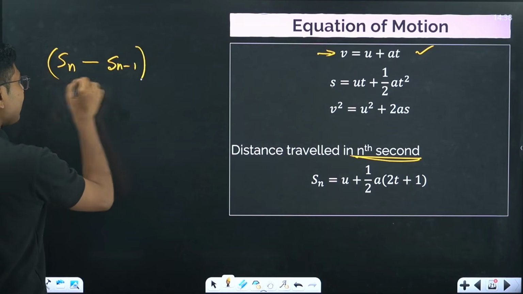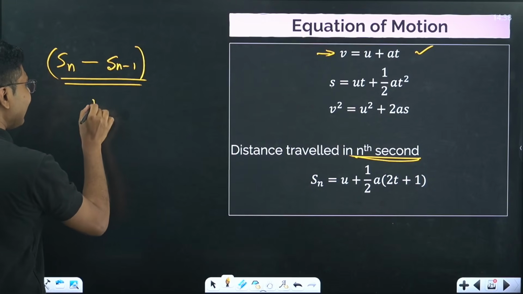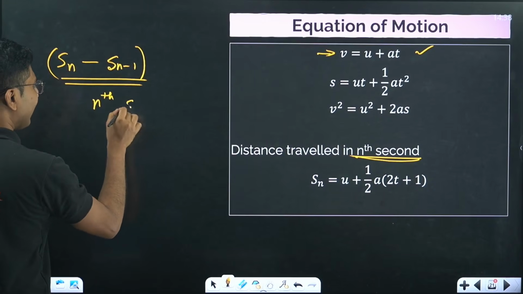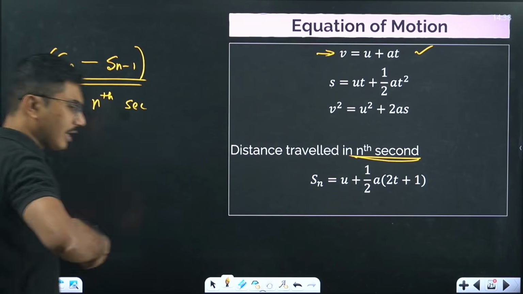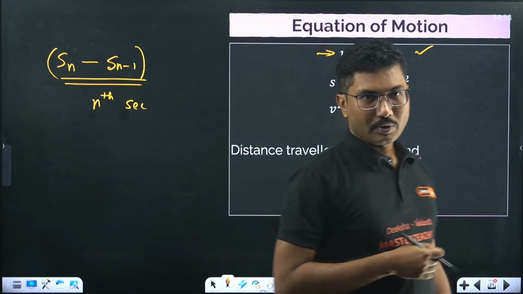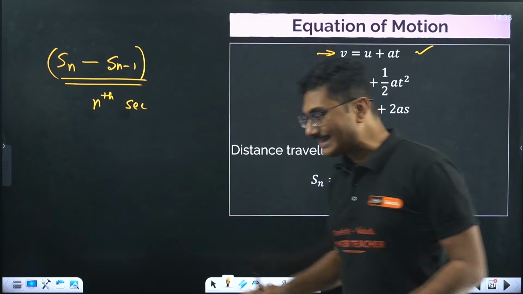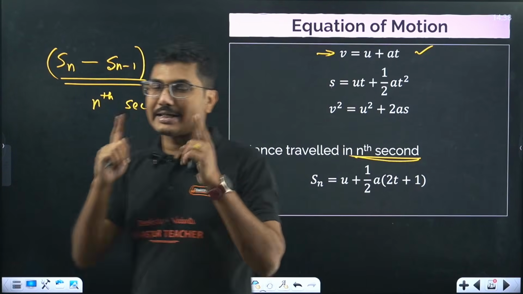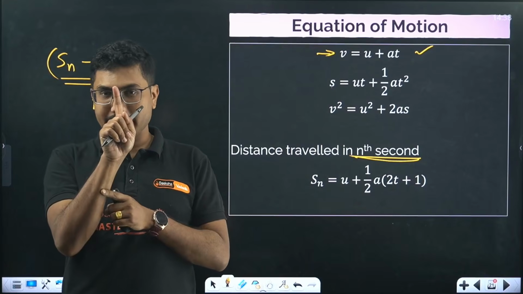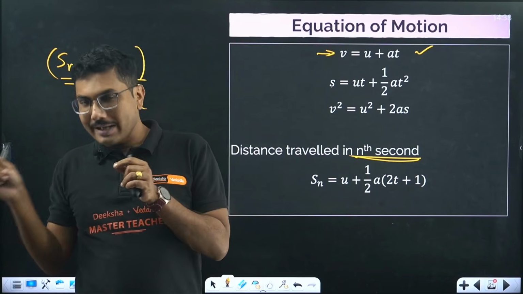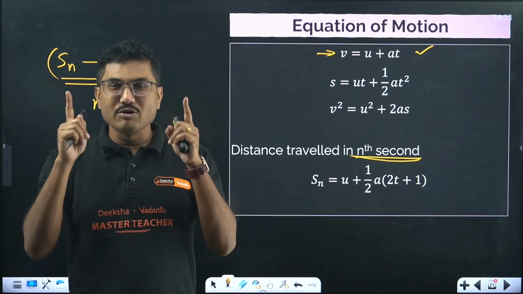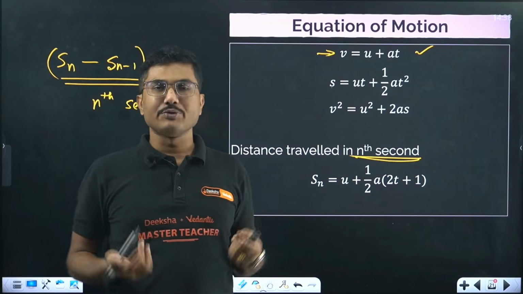This is called distance traveled in the exact nth second. Suppose you are moving in a car, exactly in the 10th second. The 10th second means that 1 second between 9 and 10, how much distance you have traveled.